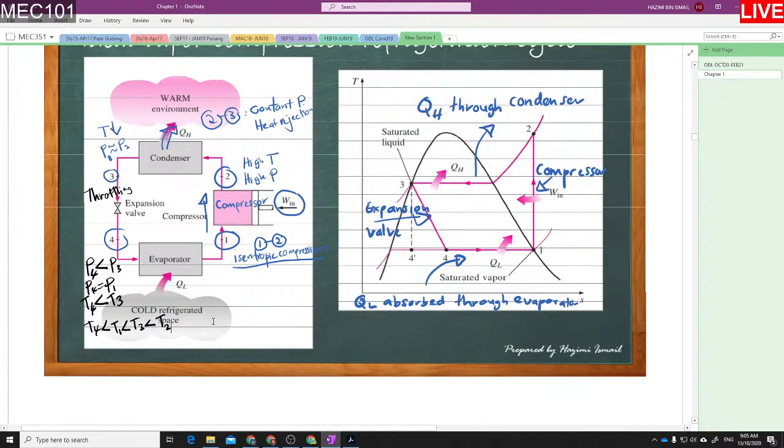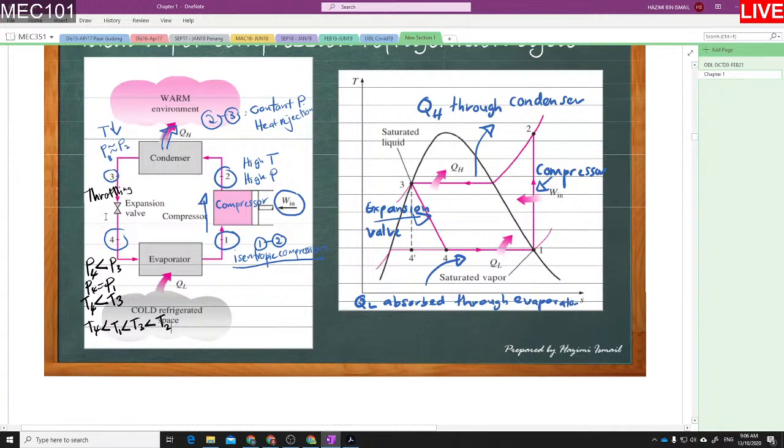So suhu dekat awak dalam peti sejuk atau dalam rumah lah kita nak sejukkan tu, haba akan pindah ke dalam sistem. Jadi working fluid dia akan terima haba. So bila dia terima haba, dia pun naiklah suhu dia. Sama juga awak nanti kalau pegang tangan dalam panggung wayang, naiklah suhu dia. Suhu nafsu dia, suhu dosa dia. Okay, boleh? So temperature 4 will increase the temperature by accepting or absorbing the heat.